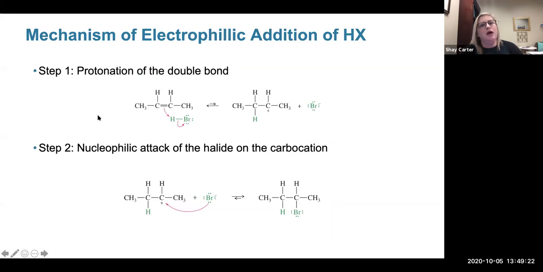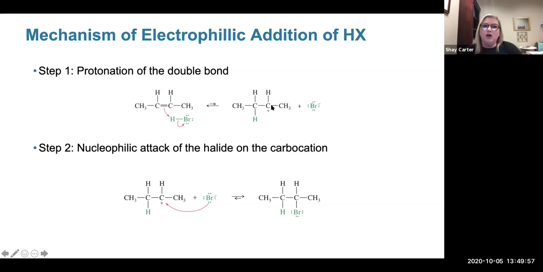Okay, so our mechanism of electrophilic addition of a hydrohalogen, okay? So like hydrobromic acid. Our double bond is going to attack our electrophile. Our hydrogen is our electrophile. Our bromine, okay, takes both of the electrons with it, okay?